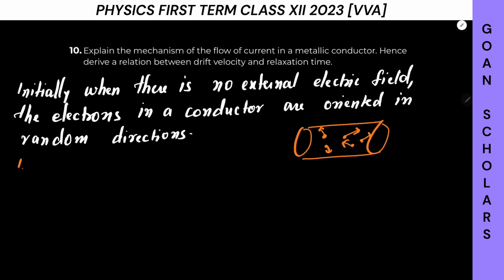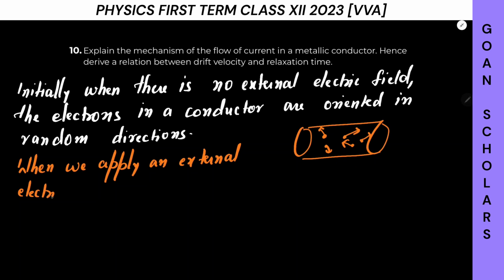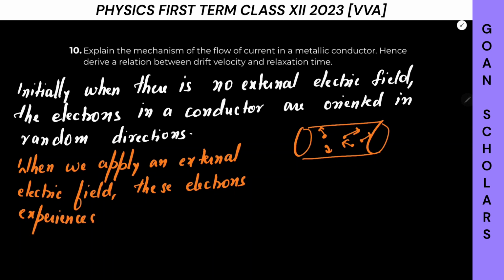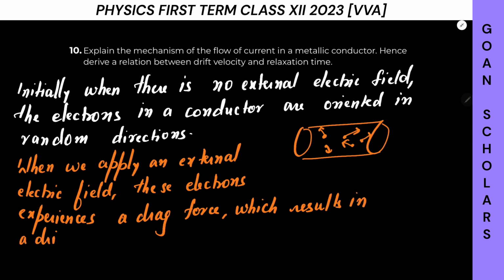When we apply an external electric field, these electrons experience a drag force which results in a drift velocity.